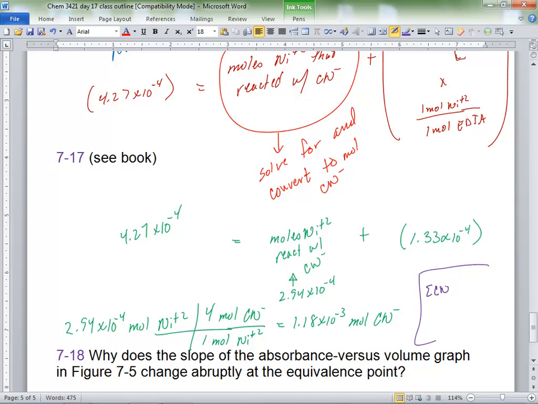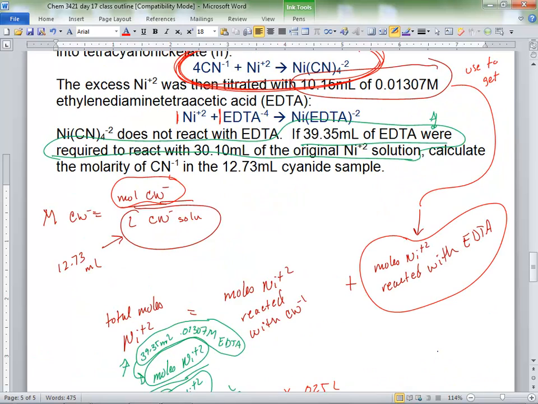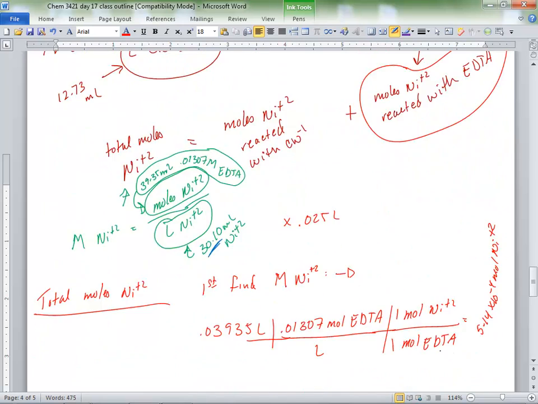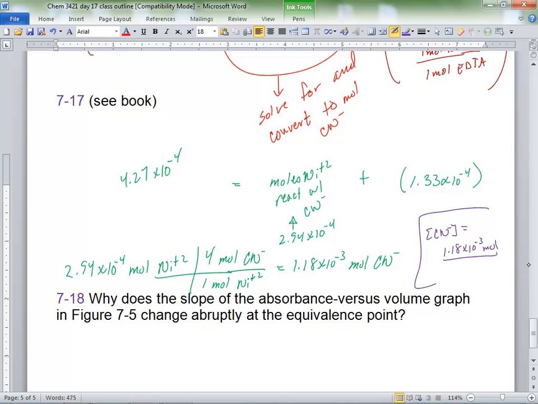Concentration of cyanide equals 1.18 times 10 to the negative 3, and the volume was 0.01273, which gives 0.09 molar.